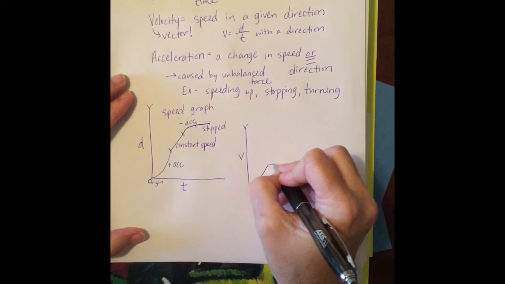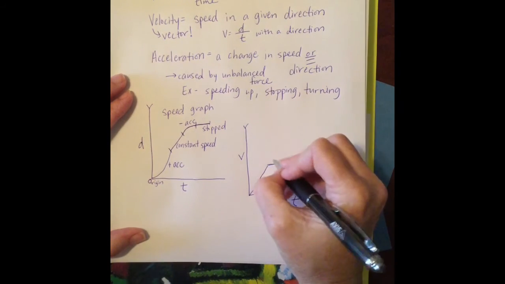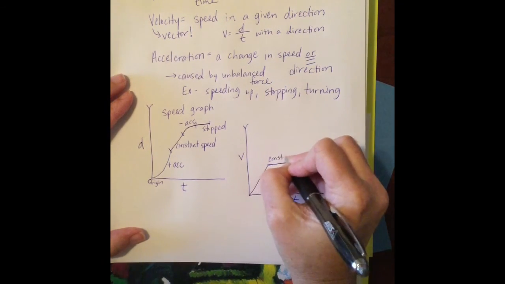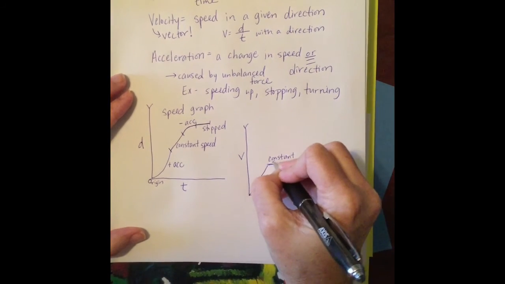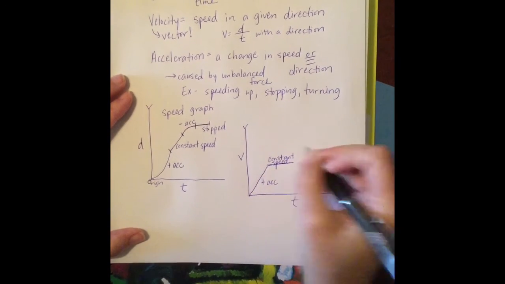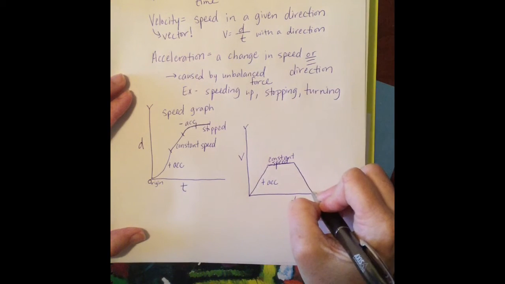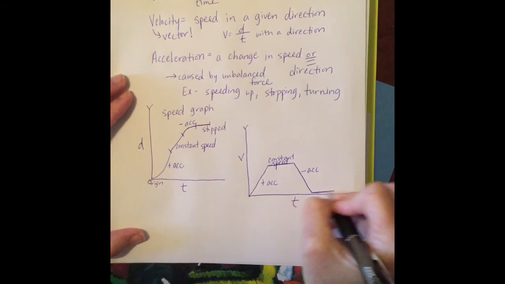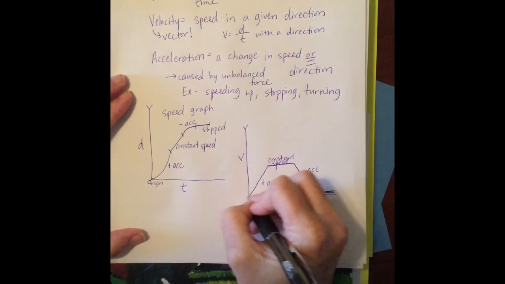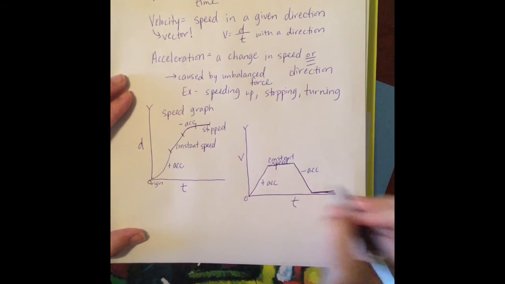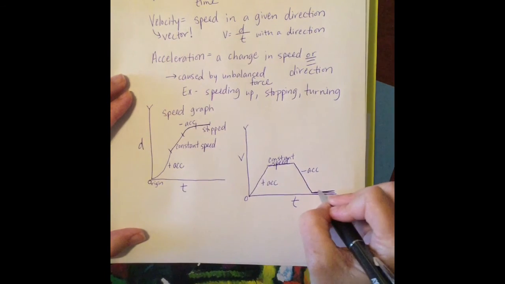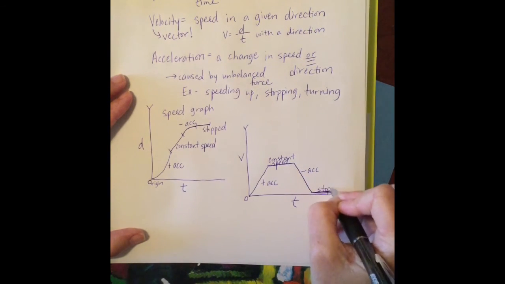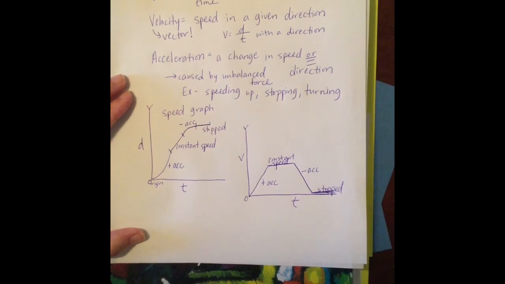When you have a flat line, that is going to be constant speed. Okay, so you're going to notice a few differences. When you have a line going back to the x-axis, that is going to be negative acceleration. Okay, the only time we can show at rest on this graph is if the line is on the x-axis, and that is going to be stopped or at rest.